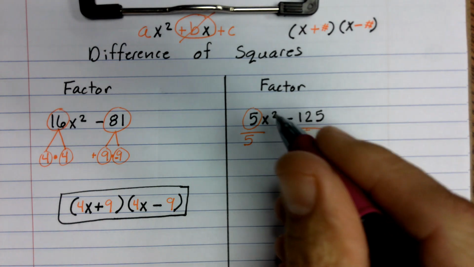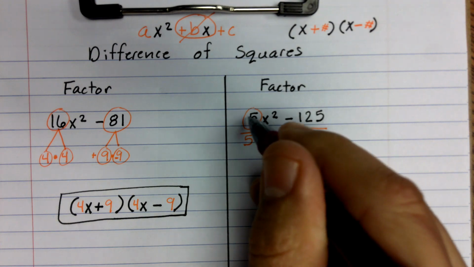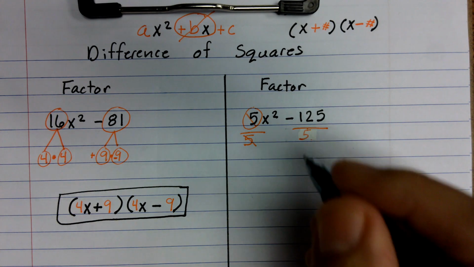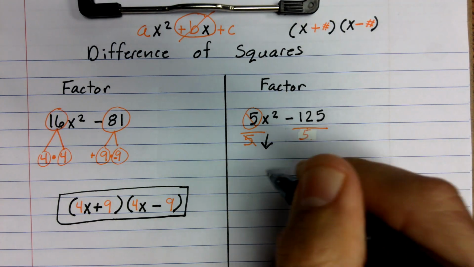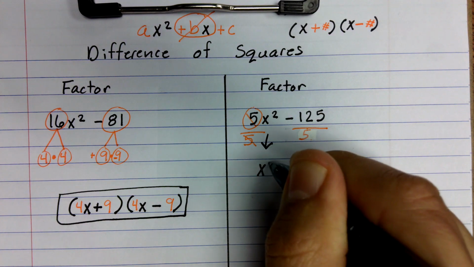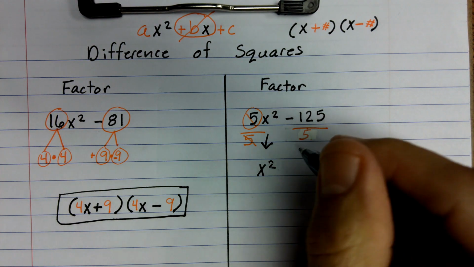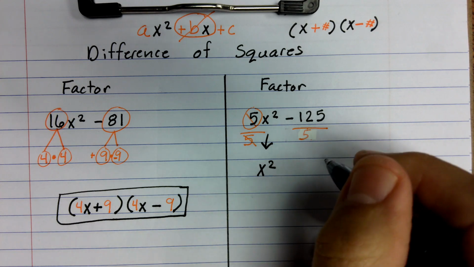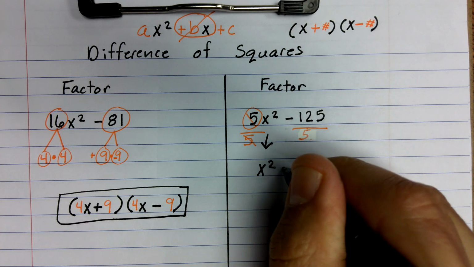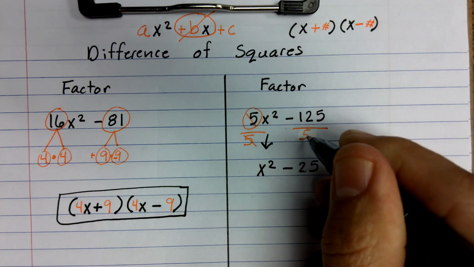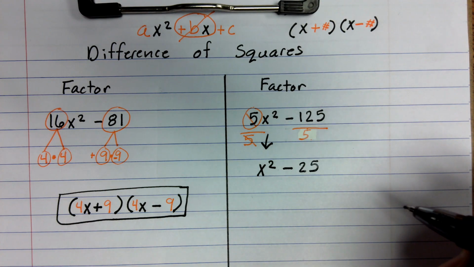Now I know 5 will go into 5 one time, and so this is just going to leave me with x squared. So underneath it, I'm simply going to write x squared. And then we know that 5 will go into 125, according to our calculator, negative 25 times. So I'm going to write on there minus 25, because it's a positive being divided into a negative.